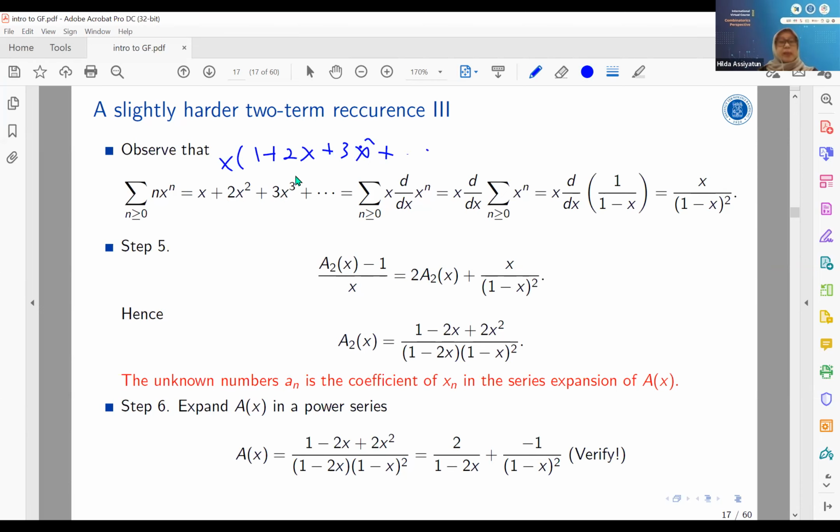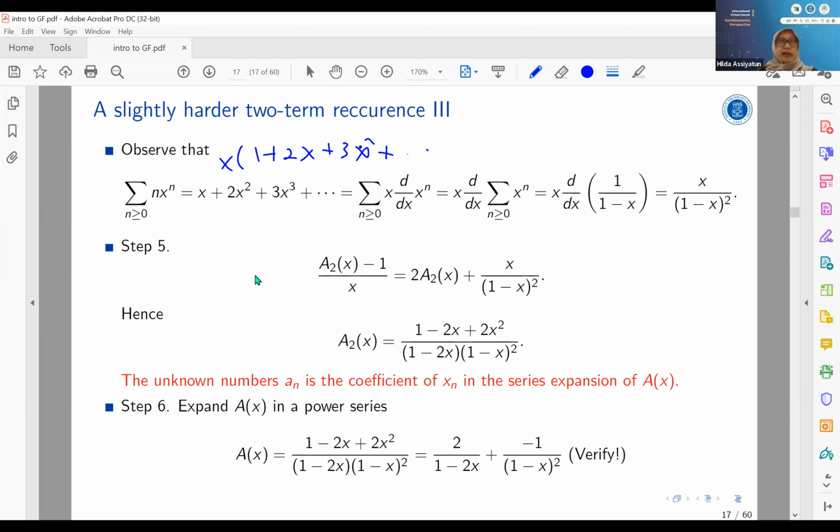So this series is the derivative of the series x to the n, and we know that this is our geometric series with this sum function. So the second term of the right-hand side is this one.